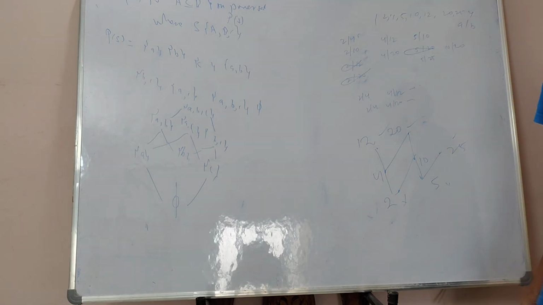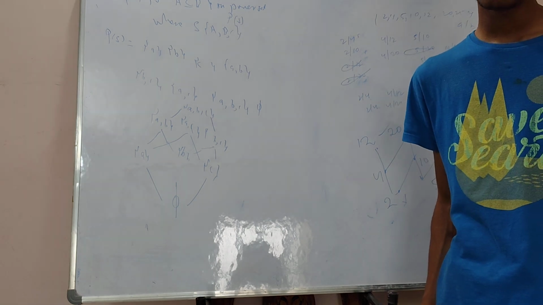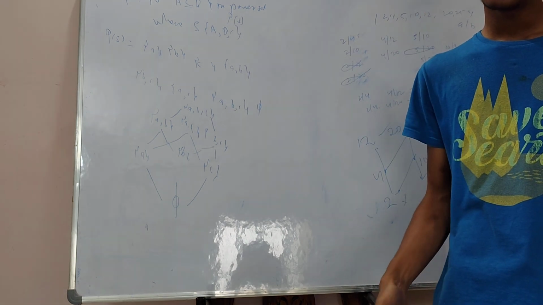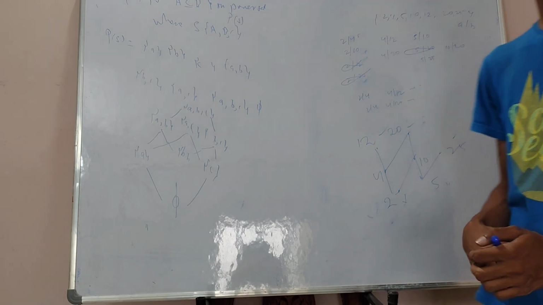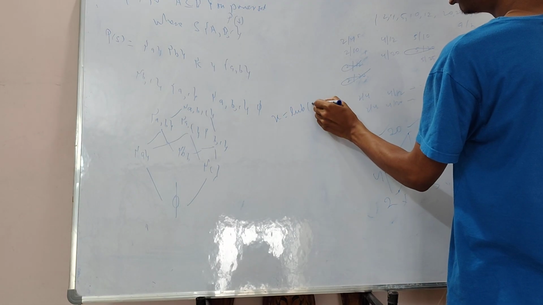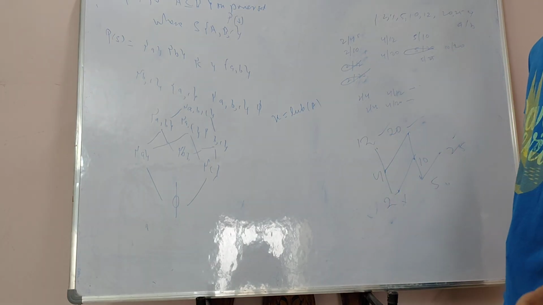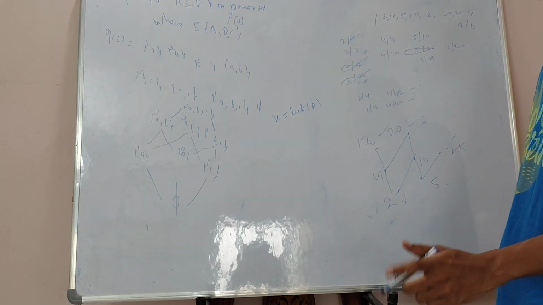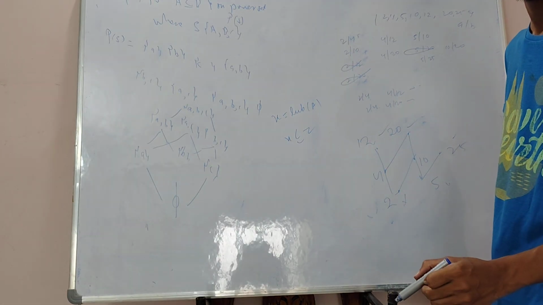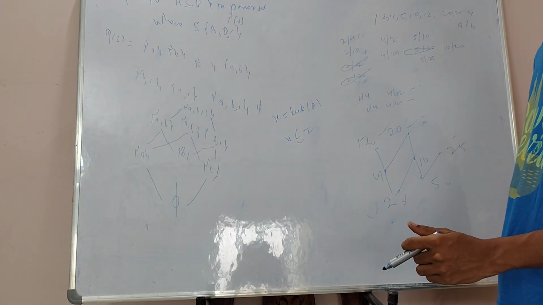Now we will discuss about least upper bound. So the smallest of all upper bounds, also called supremum, unique if it exists. x is equal to LUB of A if x is an upper bound of A and x is less than or equal to capital Z for every upper bound Z, right?